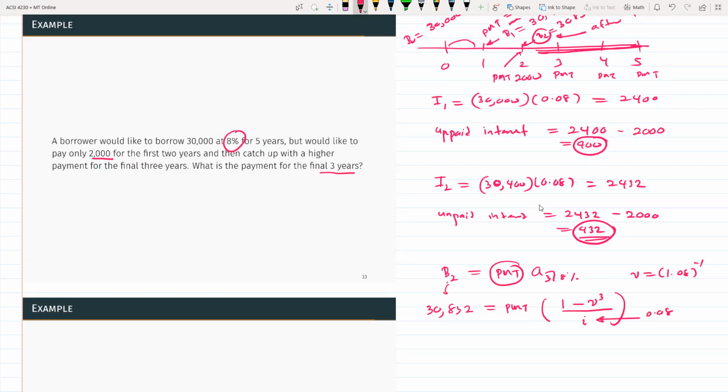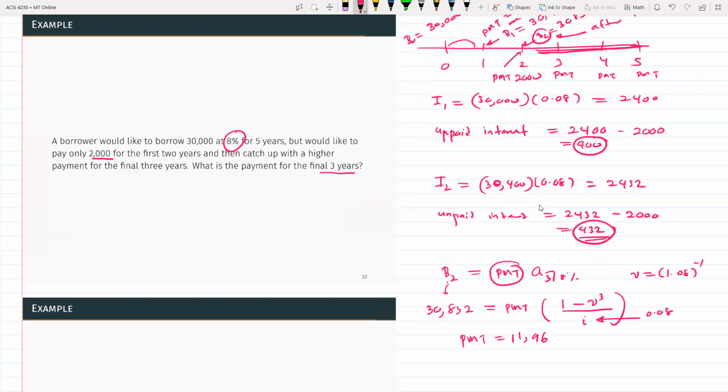So when I use the formula, 30,832 times i, 0.08, divided by 1 minus 1.08 to the power negative 3, I get 11,036.